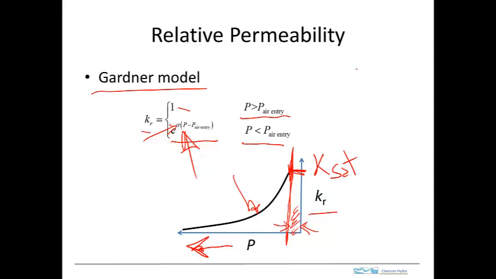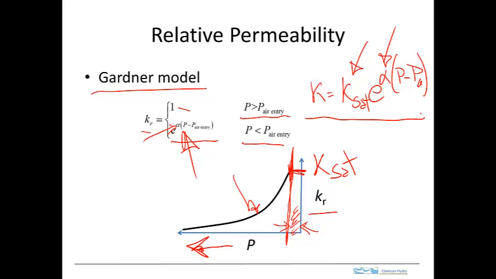So we could say that K equals K sat times e to the alpha (P minus P air entry). Okay, so if we can determine the saturated conductivity and we can determine alpha, then we can determine what the hydraulic conductivity is at a particular pressure. And we'll be able to do those things in the field with various different types of measurements.